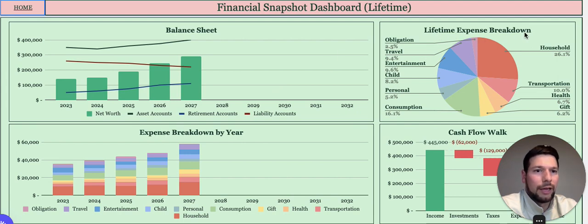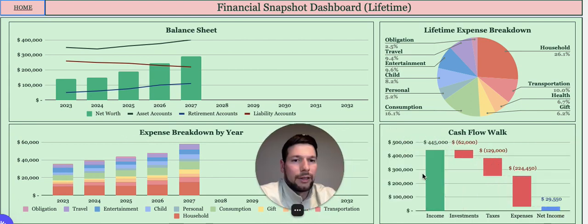This is your lifetime expenses, broken down by total per year. And then you have your cash flow walk. So this individual so far has earned nearly $500,000 in their career. They've socked away $62,000 for investments. They had to pay, unfortunately, $129,000 to taxes.